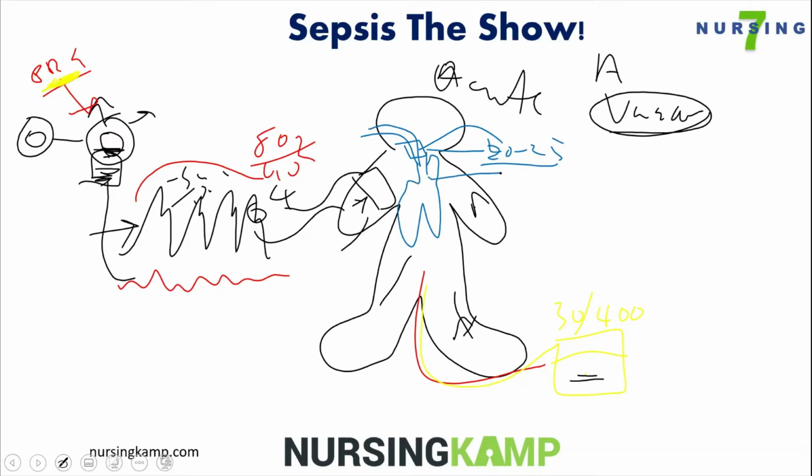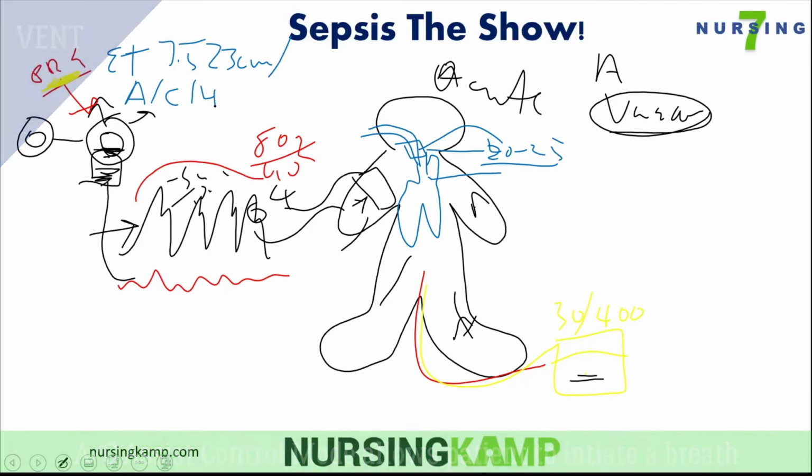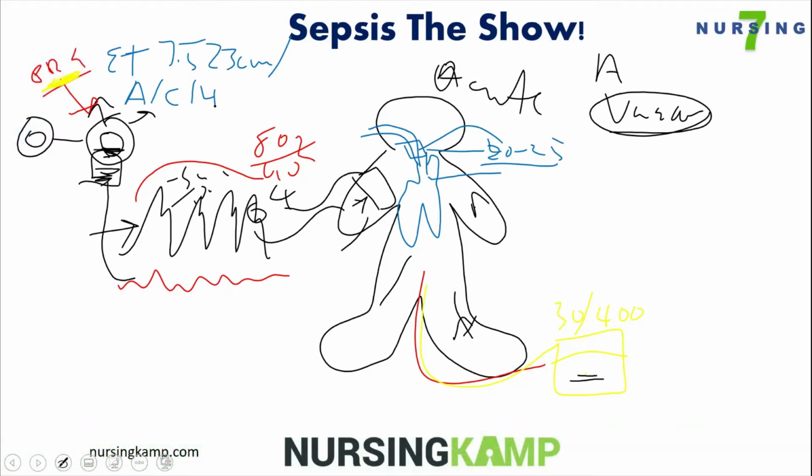That's easy because that ET tube might be a 7.5 at 23 cm at the lip, right? And we're going to have some vent settings for this patient. We'll probably be in assist control mode, and the rate might be around 12, 14, 16, which is a normal respiratory rate, because the principle is that this patient is hemodynamically unstable, but we're going to handle their ventilations at this point.